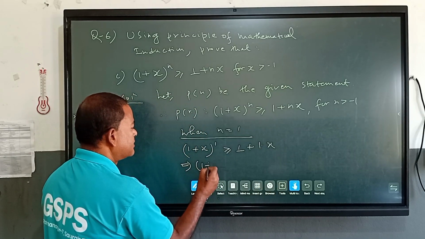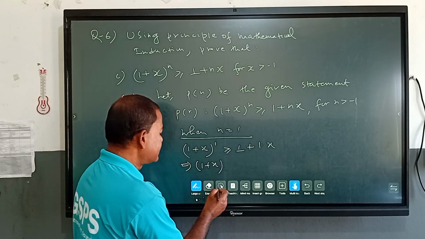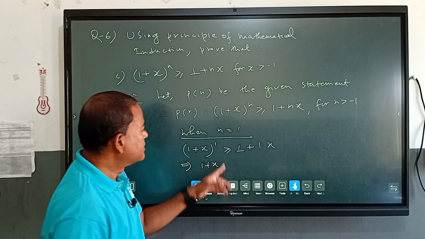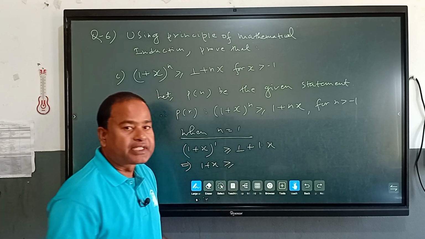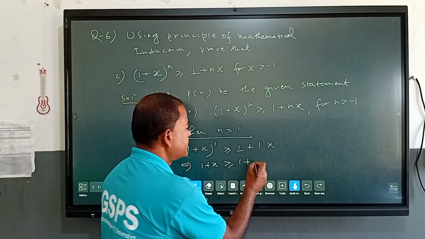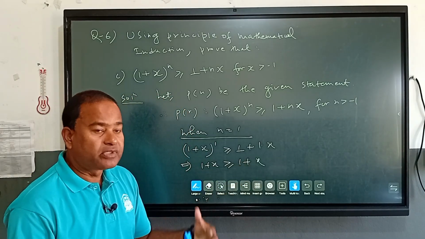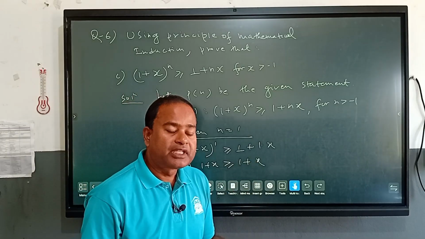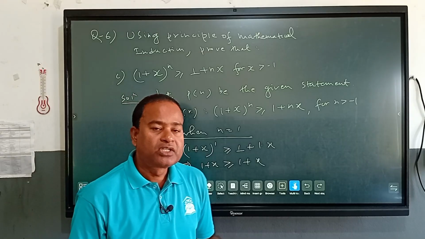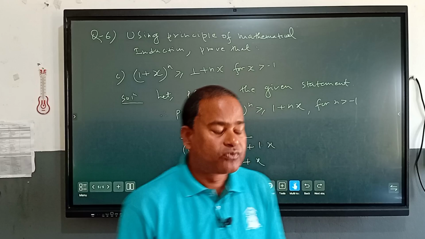This implies (1 plus x) whole power 1, simply we can write as 1 plus x, which is greater than or equal to 1 plus 1 into x, we get 1 plus x. So dear students, if we look at the left hand expression and the right hand expression, both are equal. 1 plus x is equal to 1 plus x. So we can say that the given statement is true for n equals 1.